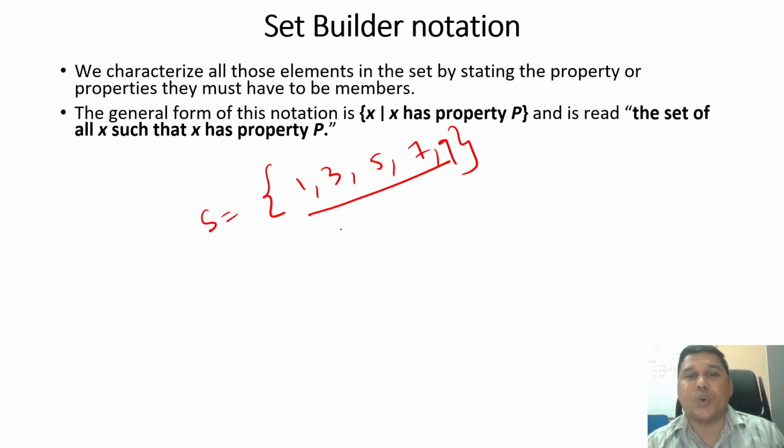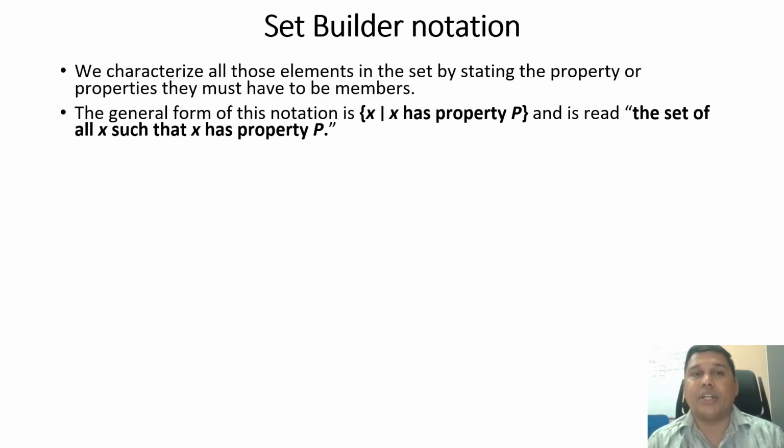What if somebody asks you to write the set of positive integers less than 20,000? We cannot keep writing the numbers like this. We cannot write such a big set. For that reason, they have introduced set builder notation. In this notation, we give a theoretical representation of the same set, because it is difficult to write such big sets.